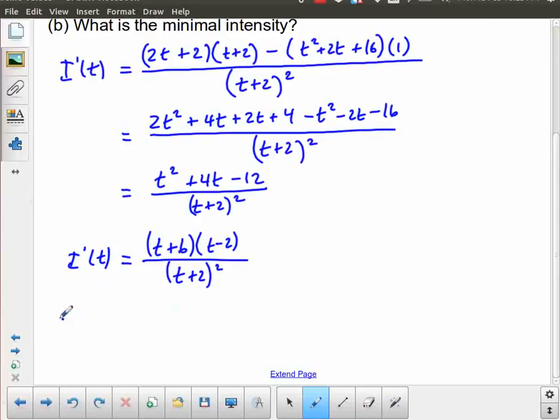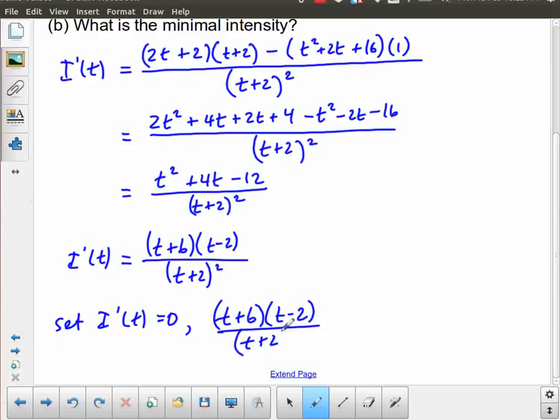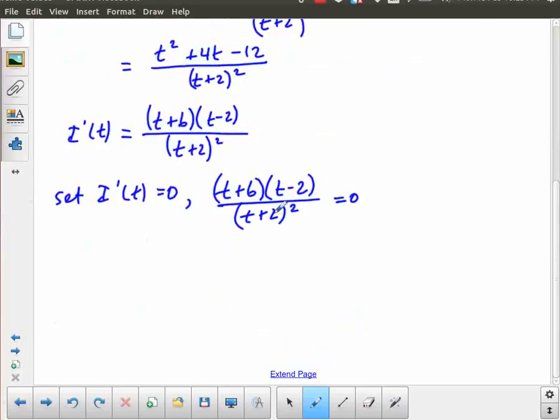So now I'm going to set I prime of t equal to 0. And so I end up with t plus 6, t minus 2 over t plus 2 all squared equals 0. Other than worrying about restrictions here, and in this case we have a restriction that t is not equal to negative 2, there's no way that this denominator contributes to this thing being equal to 0.